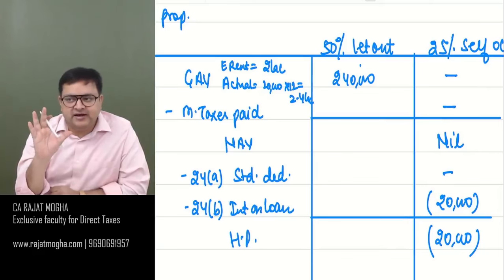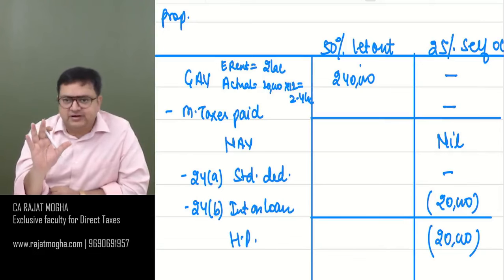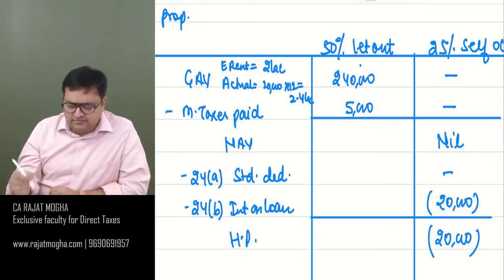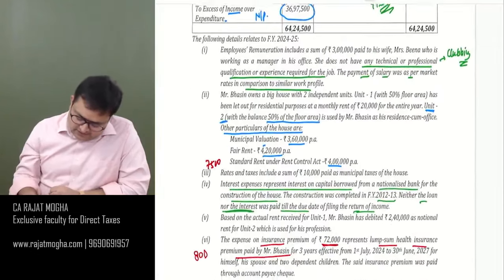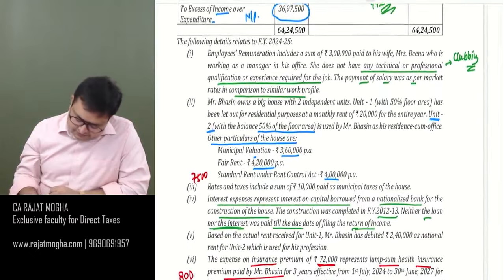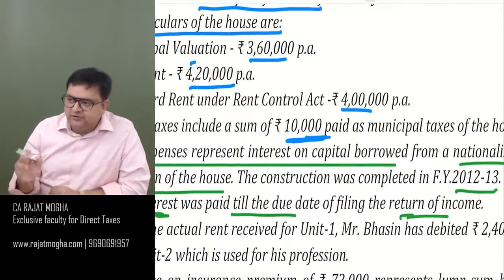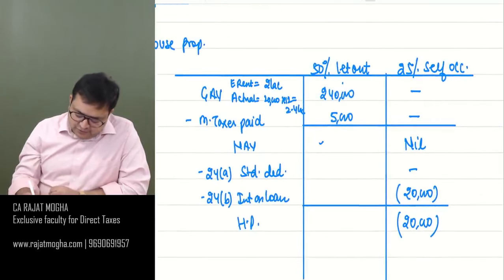It was 10,000 rupees, right? 10,000 for the entire one. So for here, it would be 50%, 5,000. I should show you. Rates and taxes include 10,000 for the entire house. So for this, it would be 5,000. So NAV becomes 2,35,000.